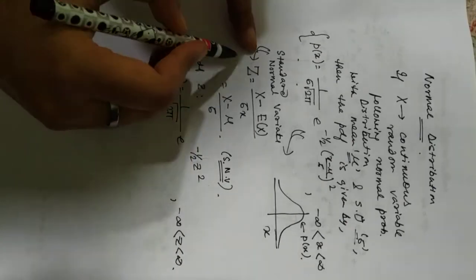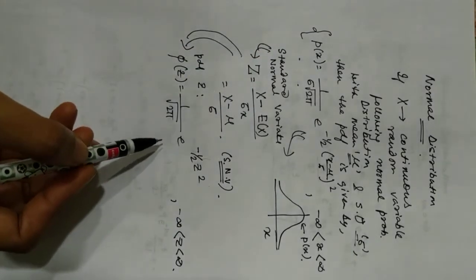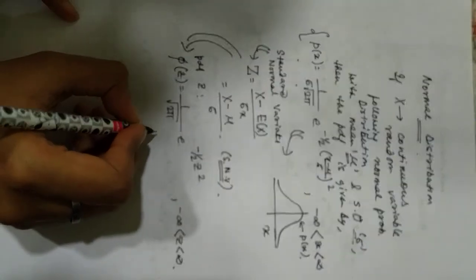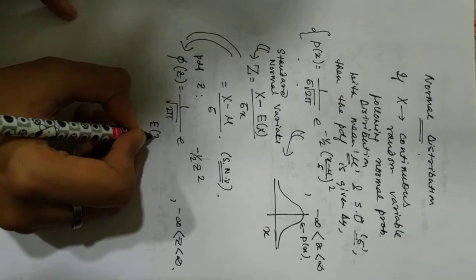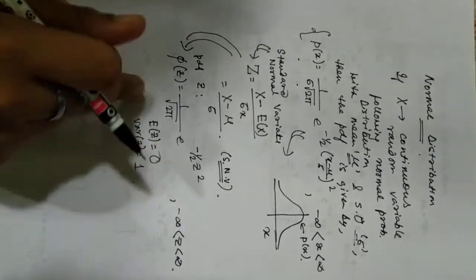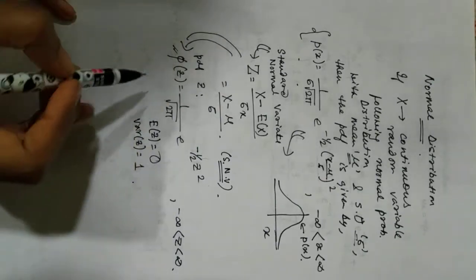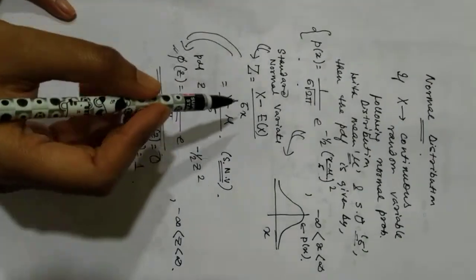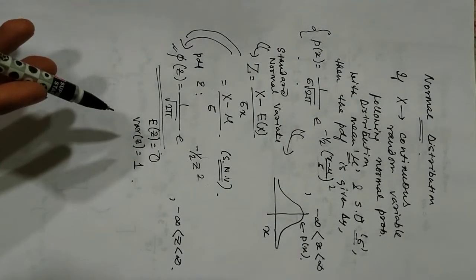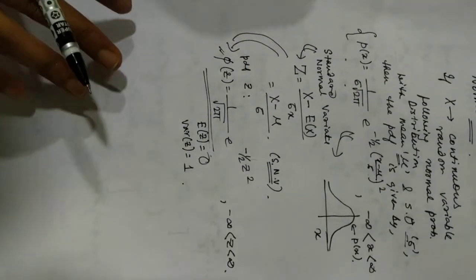This z again follows this distribution, 1 by root over 2 pi e to the power minus half z square, because the mean of z is equal to 0 and the variance of z is equal to 1. So if you put mean equal to 0 and variance equal to 1, you obviously get this distribution. So this is the distribution of standard normal variate, where mean is 0 and variance is 1. Right? We will be using it in detail later, and it's a very important quantity when it comes to normal distribution.